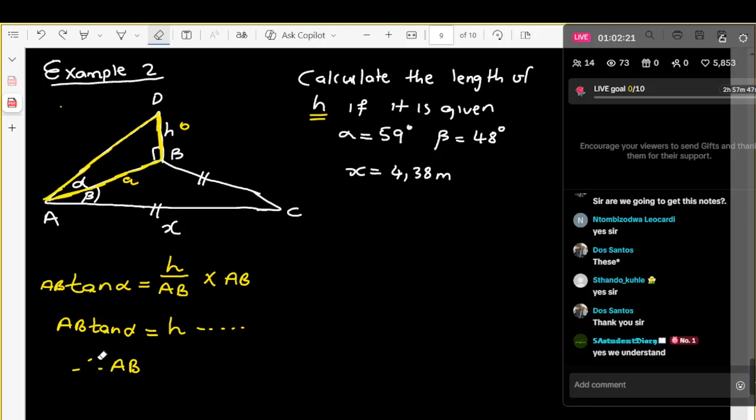Now from this, what is this telling you? This simply means that we need to find AB. Look at where AB is. It is in triangle ABC.